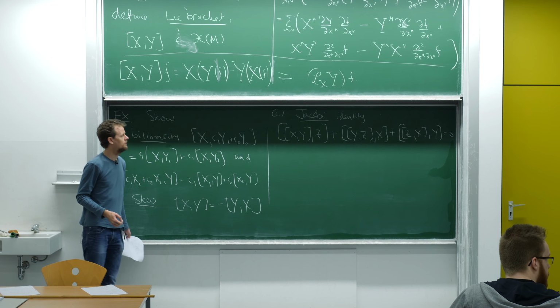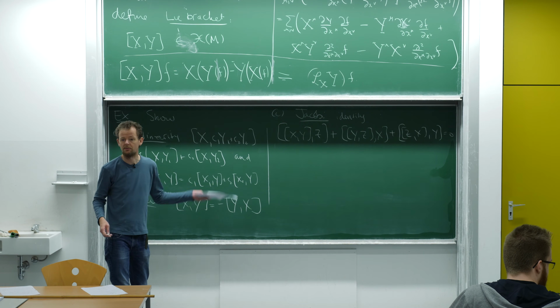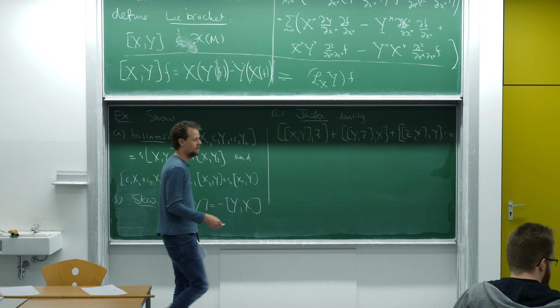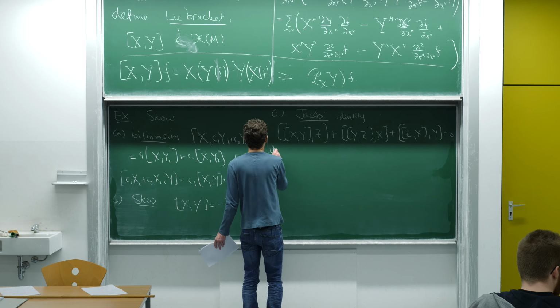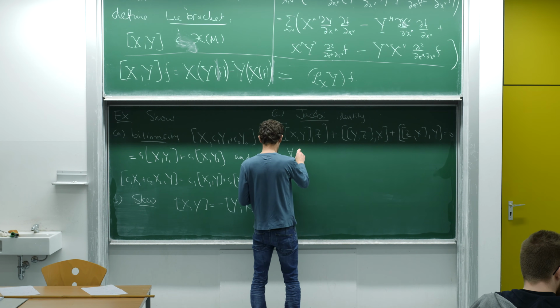So that's a pretty important one, the Jacobi identity. Again, it's not that complicated if you look up at the definition of the Lie bracket. But doing the calculation will deliver you benefits.